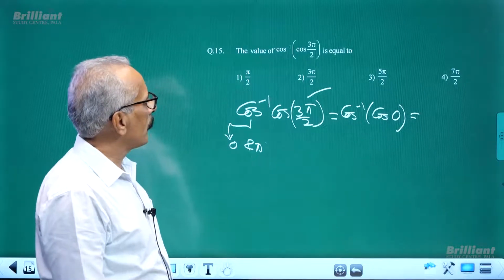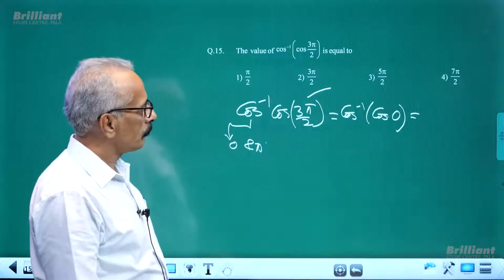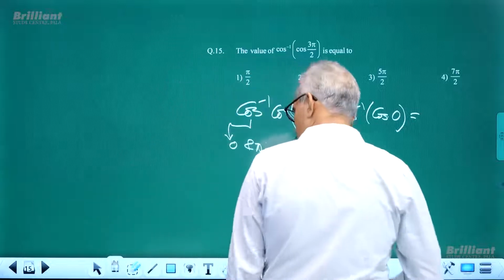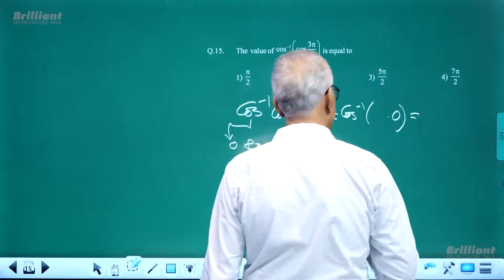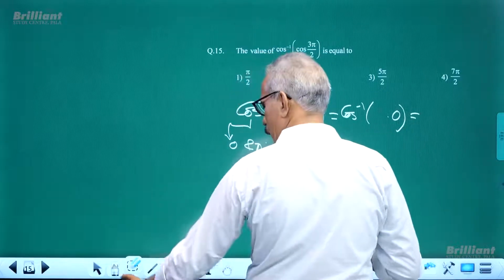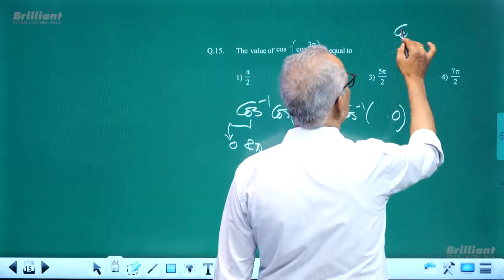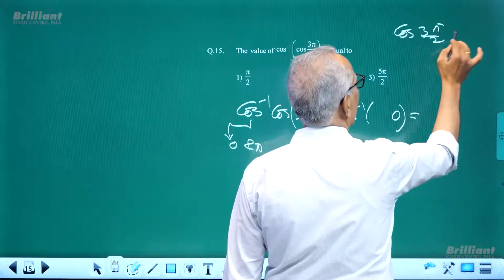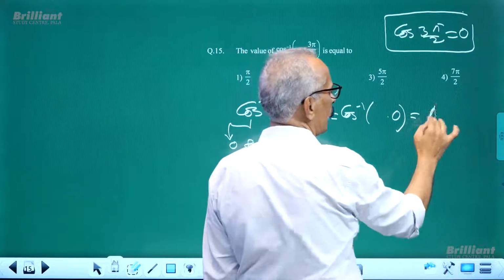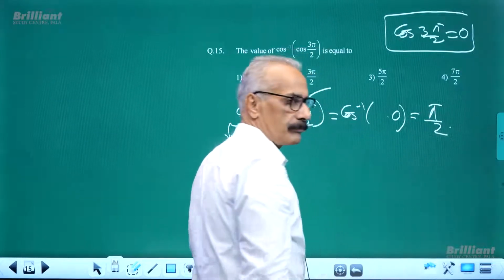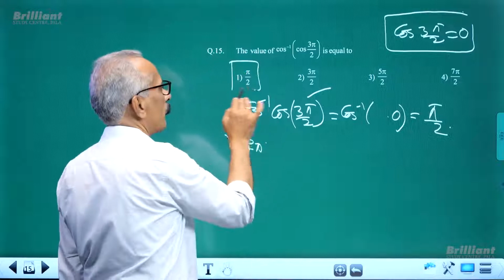Agreed? Remember, cos of 3 pi by 2 is equal to 0, right? Therefore, this is cos inverse 0. Cos inverse 0 is what there? Pi by 2. So, the answer is pi by 2.